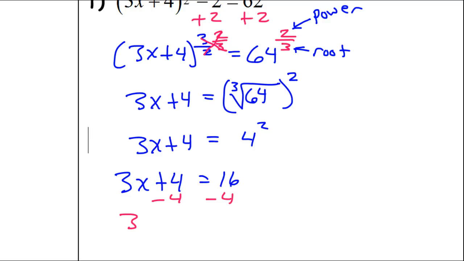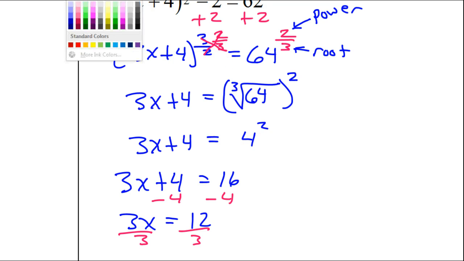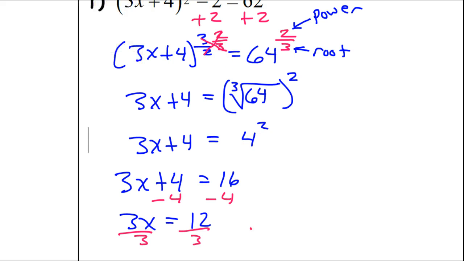So that'll give me 3x is equal to 12. And then I will divide both sides by 3. And that's going to give me x equals 4.